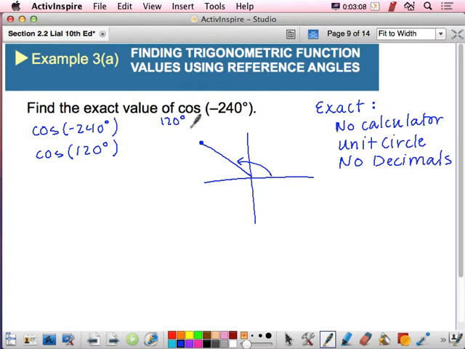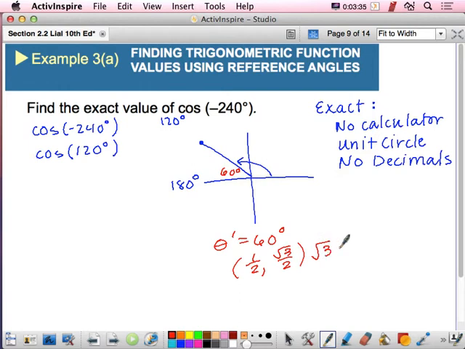Then you find the reference angle. If this is 180 and that's 120, how much is trapped right in here? 60 degrees. So that's your theta prime. Theta prime is 60 degrees. And 60 degrees is associated with the unit circle point 1/2, comma, square root of 3 over 2, and a tangent value of square root of 3.